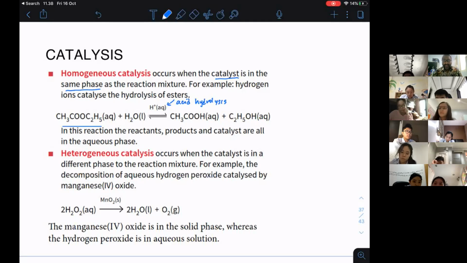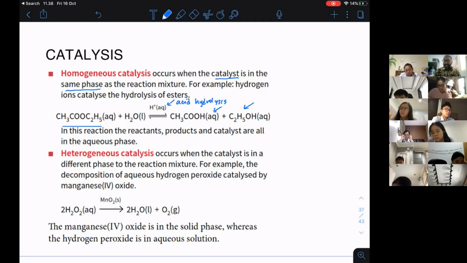This acid hydrolysis will break the ester into its carboxylic acid and alcohol. The reason it is called acid hydrolysis is because the acid that we use over here is going to be the catalyst for this reaction.